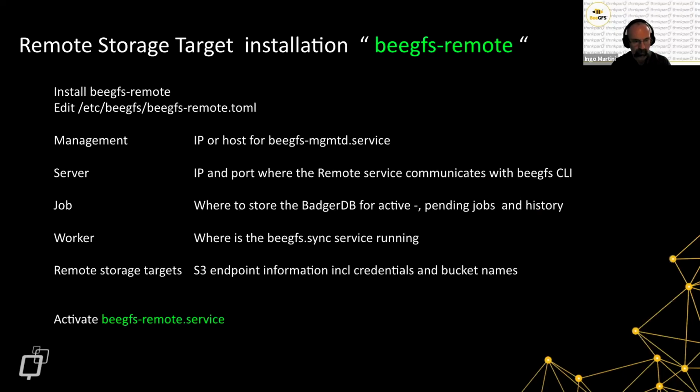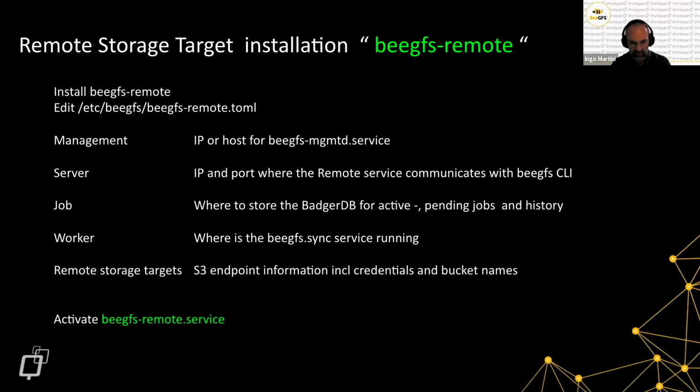Okay. And from here, the BeeGFS remote installation is quite similar. You only need to install the BeeGFS remote package on your system and then configure the BeeGFS remote TOML file. Here we have, and I will show this in a demo later on, the information about the management server, job worker, and remote storage targets.